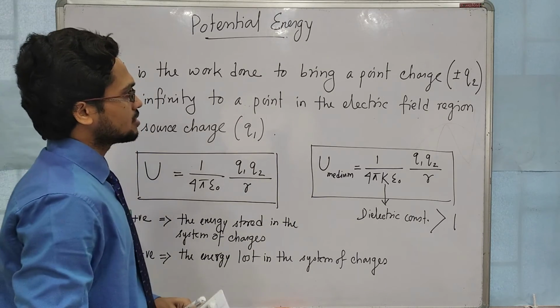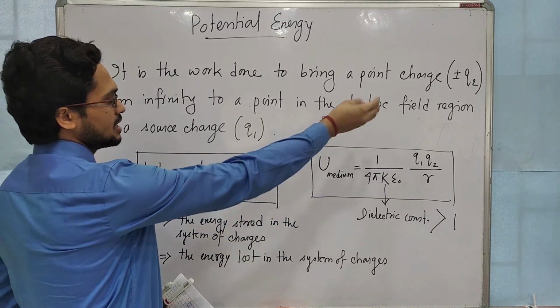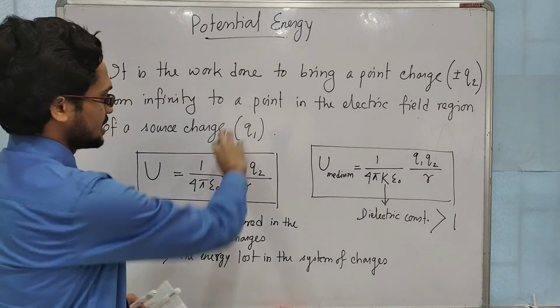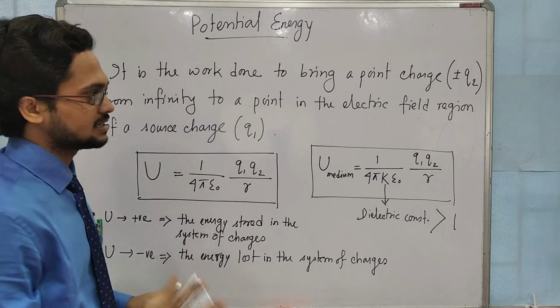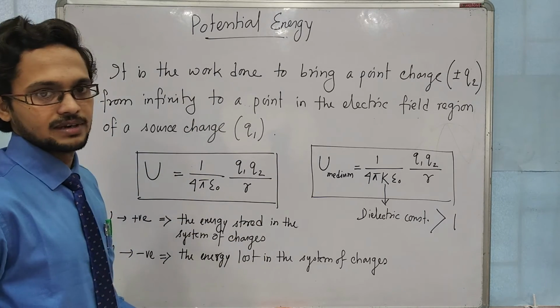So these are the basic things of potential energy when we consider only these two charges. One charge produces the electric field region and another charge is brought from infinity into that field region.